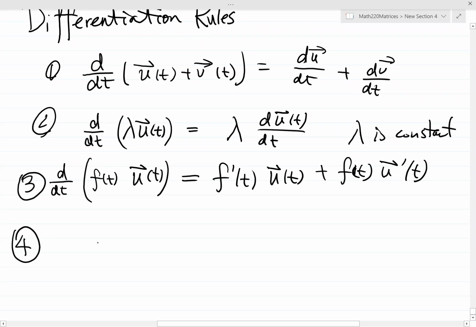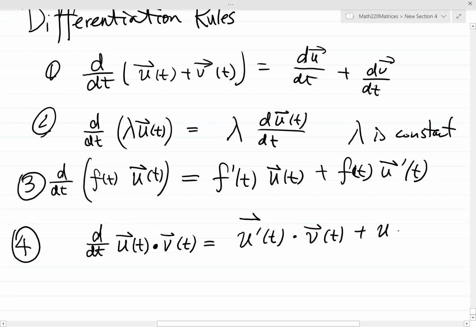So for the dot product, u dot v, then we get u prime dot v plus u dot v prime. Okay, so it's a product rule.